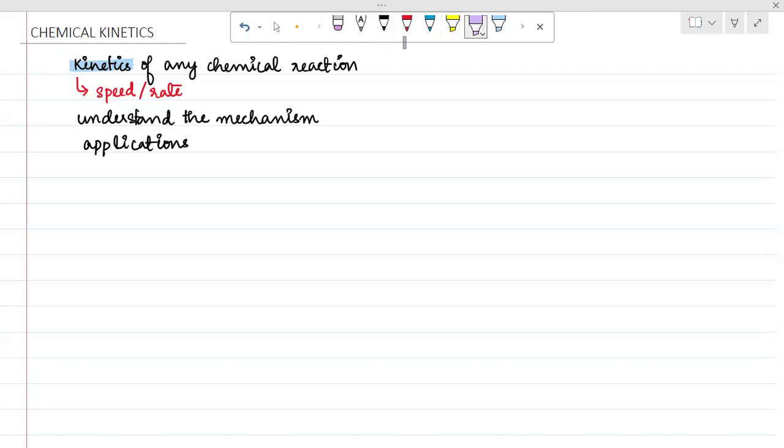No. Chemical reactions, again, can be classified into three types based on their rates. So, classification of chemical reactions based on their speed.